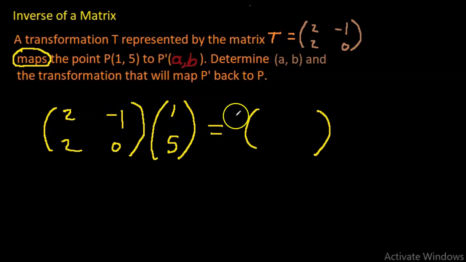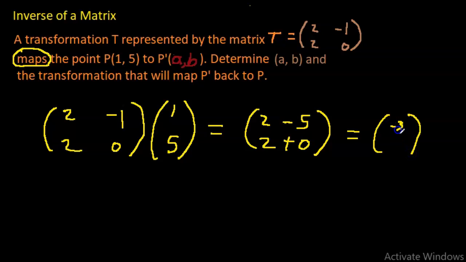So the multiplication. 2 times 1, that's 2, plus negative 1 times 5, that's minus 5, right? And then the second row, 2, 0, times (1, 5): 2 times 1, that's 2, plus 0 times 5, that's 0. And 2 take away 5, that's minus 3, and 2 plus 0 is 2.